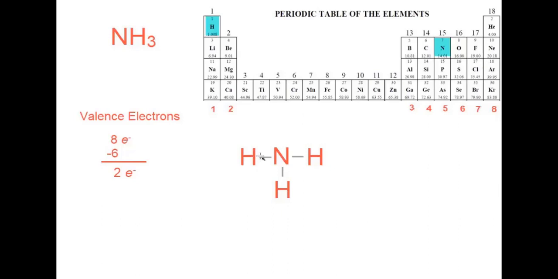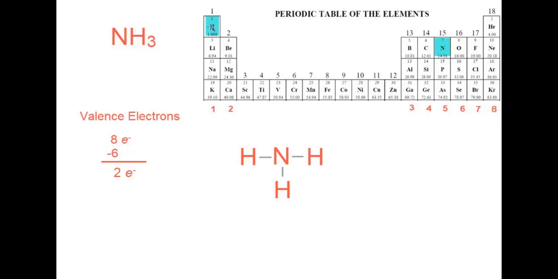Nitrogen and hydrogen are attracted to the nitrogen's nucleus and the hydrogen's nucleus that keep these 2 electrons in between them. So this is good. We've taken care of 6 of the 8 electrons, and now we've got 2 electrons left over. Now the normal procedure is to take these leftover electrons and put them around the surrounding atoms to complete their octets, but this is our exception.